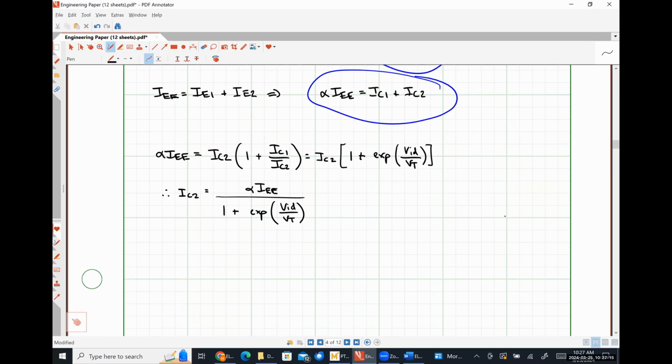We can do something similar. We could say alpha IEE is equal to IC1 times 1 plus IC2 over IC1. And that would mean that we would have IC1 times 1 plus the exponential of negative VID over VT.